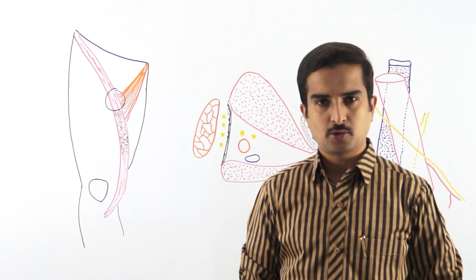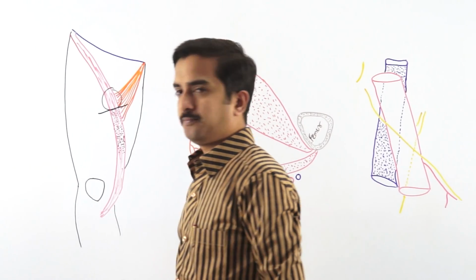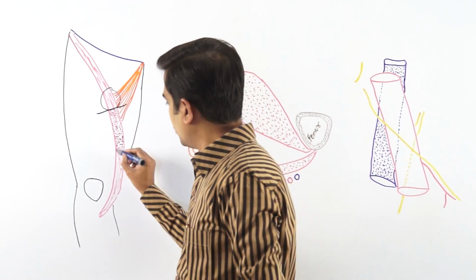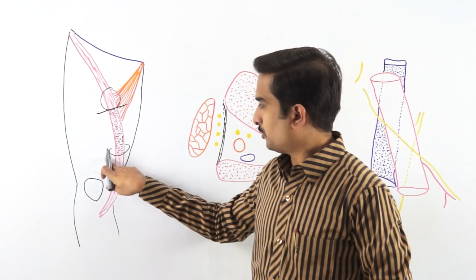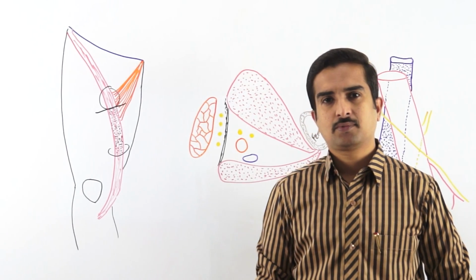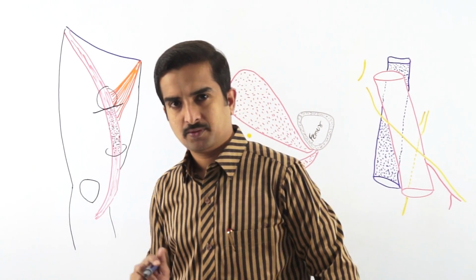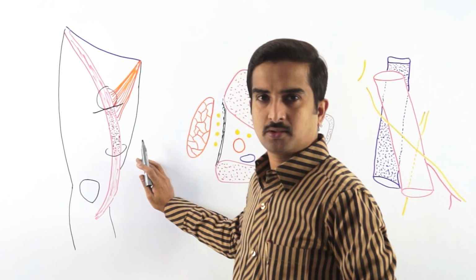So here it extends from the apex of the femoral triangle above to the tendinous opening at the adductor magnus below. So this is the extension of the adductor canal.